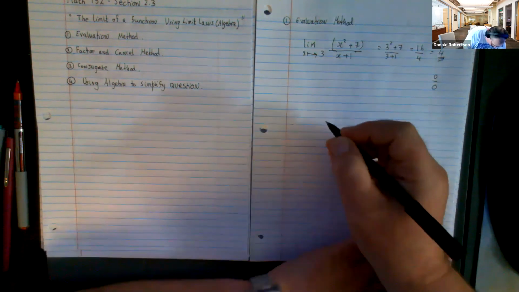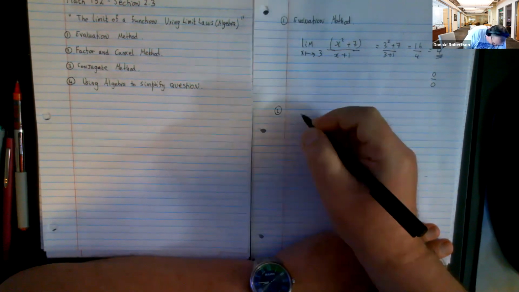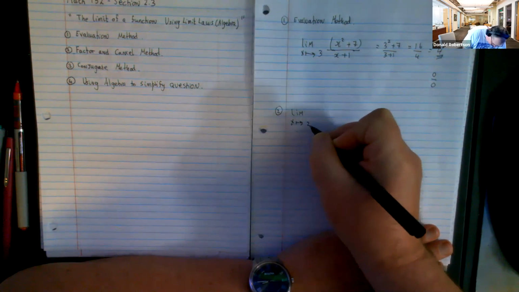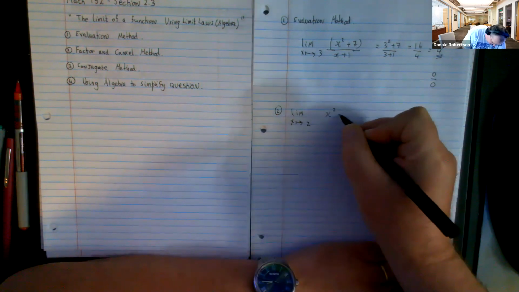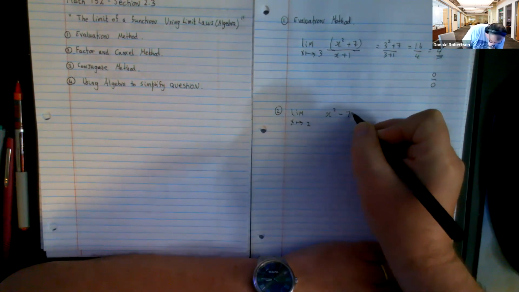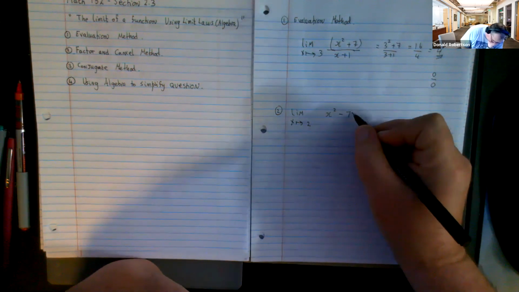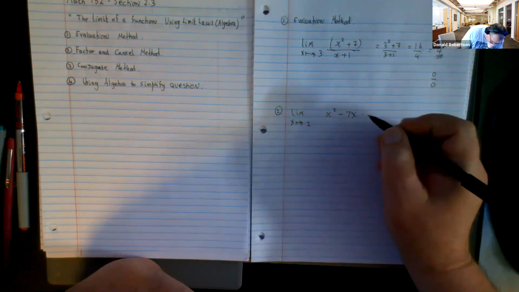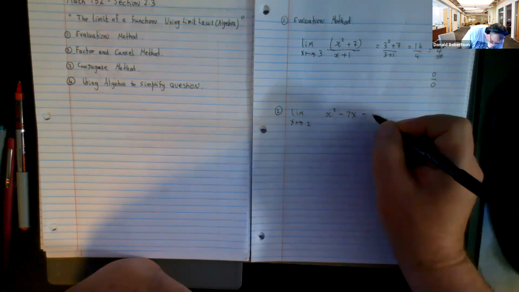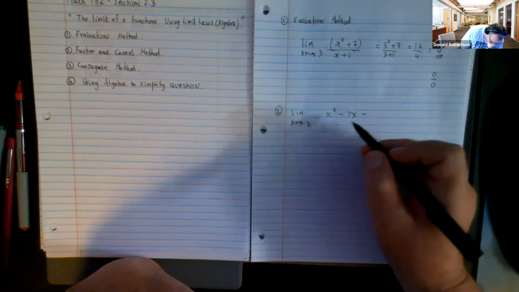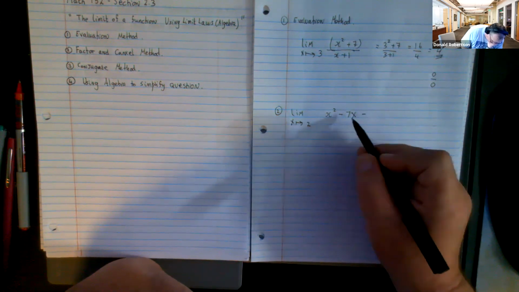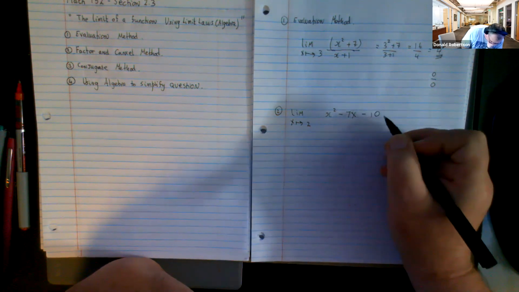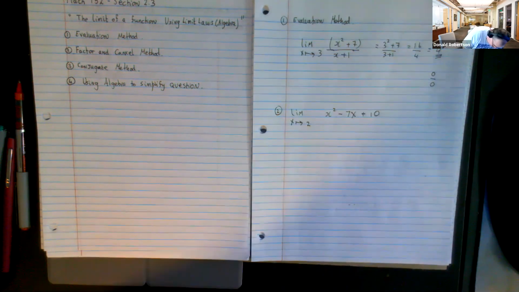So let me show you an example, and we'll do lots more of these, but at least I'll give you a taste of it. Let's do the example of the limit as x tends to 2 of x squared minus, well, I need a 2 here, don't I? There's 4. What do I need? 4. There we go.